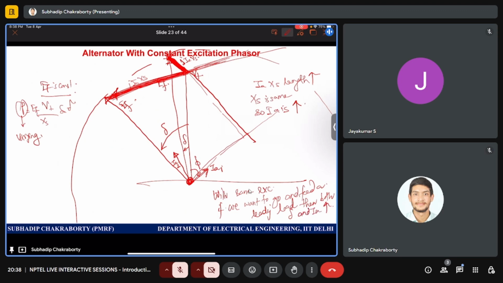That is, your power angle also increases and your current length also increases, right? Any doubt? Any doubt? Please tell me.